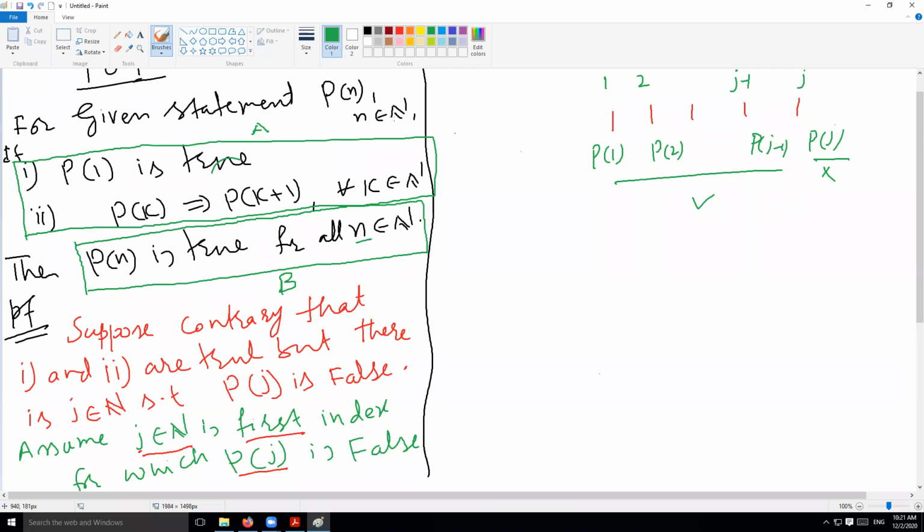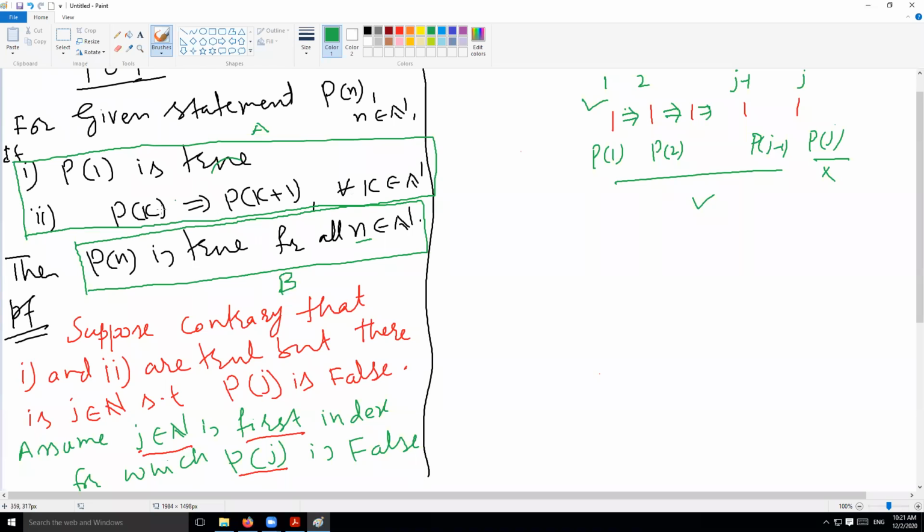And we also know that 1 and 2, they both are also true. What is the meaning of the second condition being true? That for all k, P of k implies P of k plus 1. This means statement 1 implies 2, 2 implies 3, 3 implies 4.